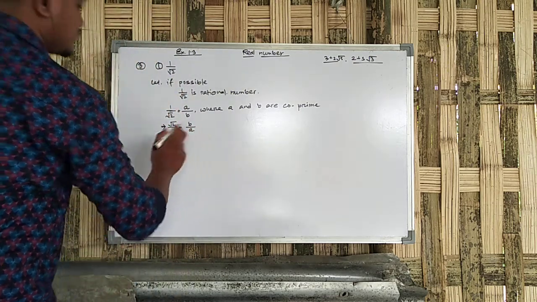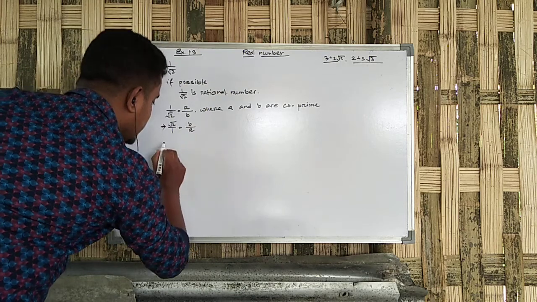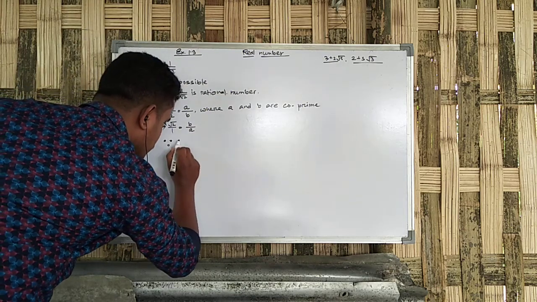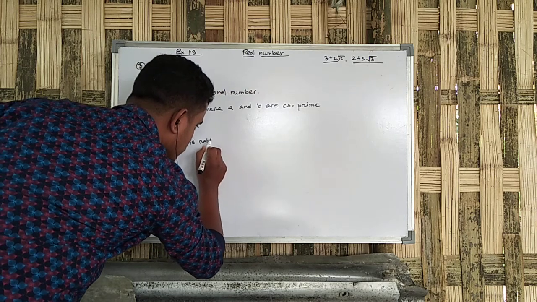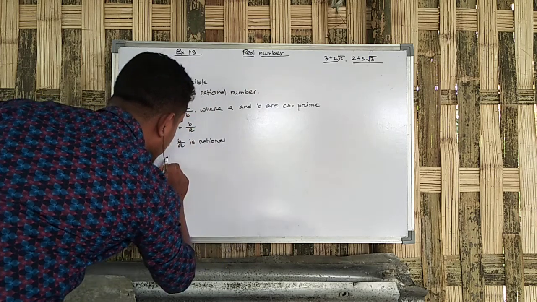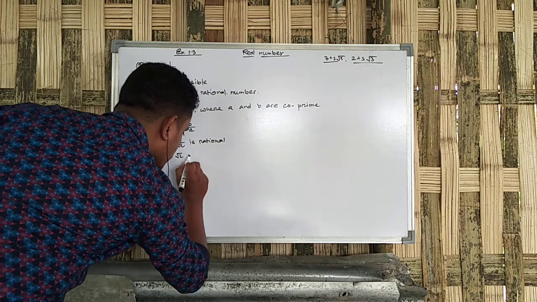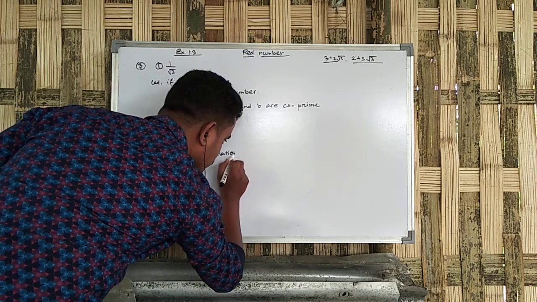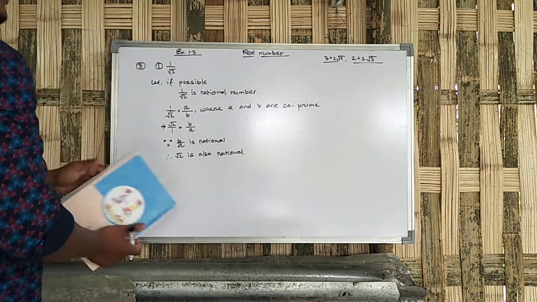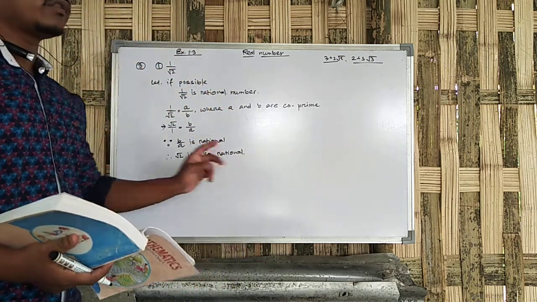Now we know that b by a is a rational number. Since b by a is rational, therefore root 2 is also rational.